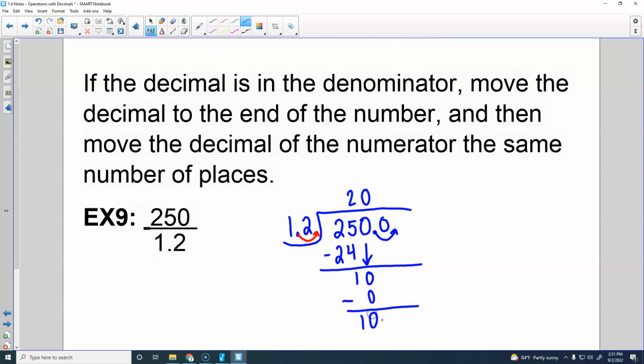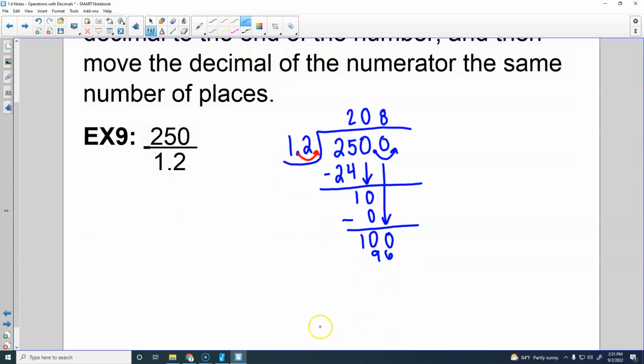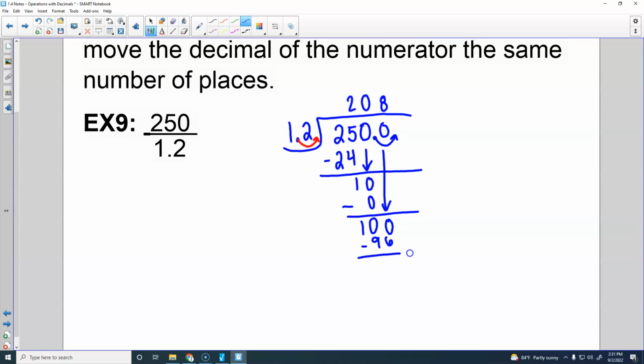Subtract, we get 10. Bring this 0 down. 100. How many times? 8. So we've got 8 times 12. It's going to be 96. That's going to give us 4.